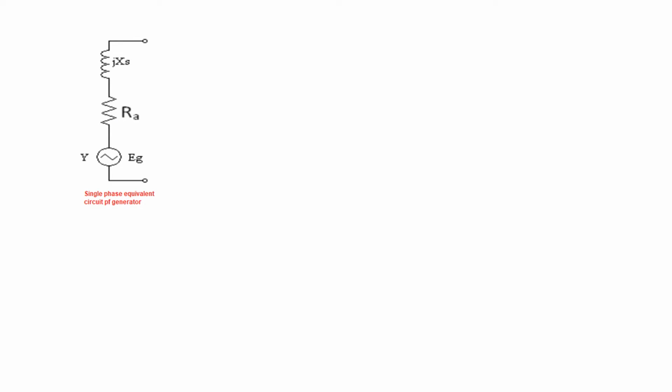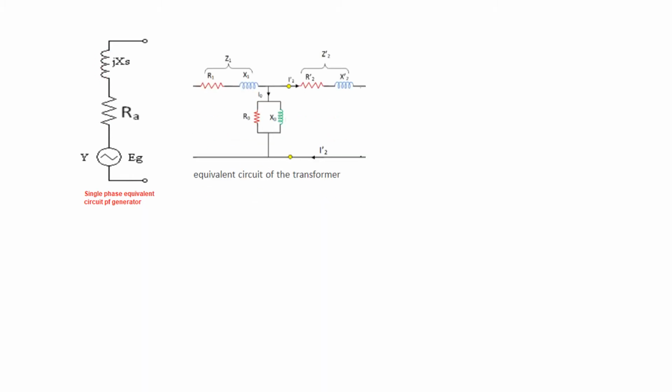Now some of the equivalent circuits that we'll be using. This is a single phase equivalent circuit of a generator, so a rotating machine, armature resistance and a reactance. Similarly, this is the equivalent circuit of a transformer.